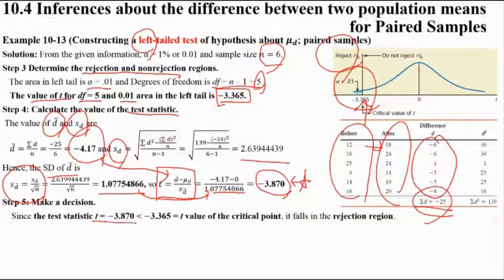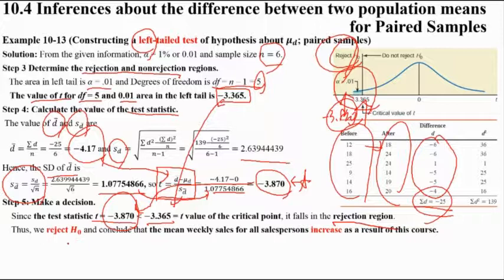So we have the t value here and the critical value here, and we compare this number and this number. So here negative 3.870, which means what? Reject. So we got the reject.